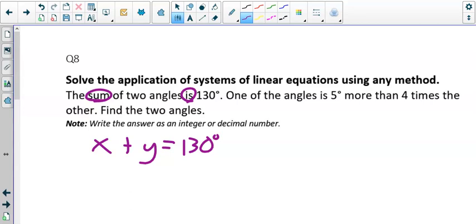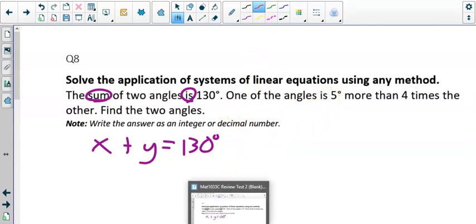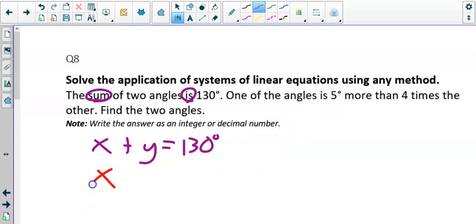Okay? So now as we look to the next sentence, it says one of the angles is, so what does that mean? X, you see, equals 5 degrees more than 4 times the other. So what does that look like?